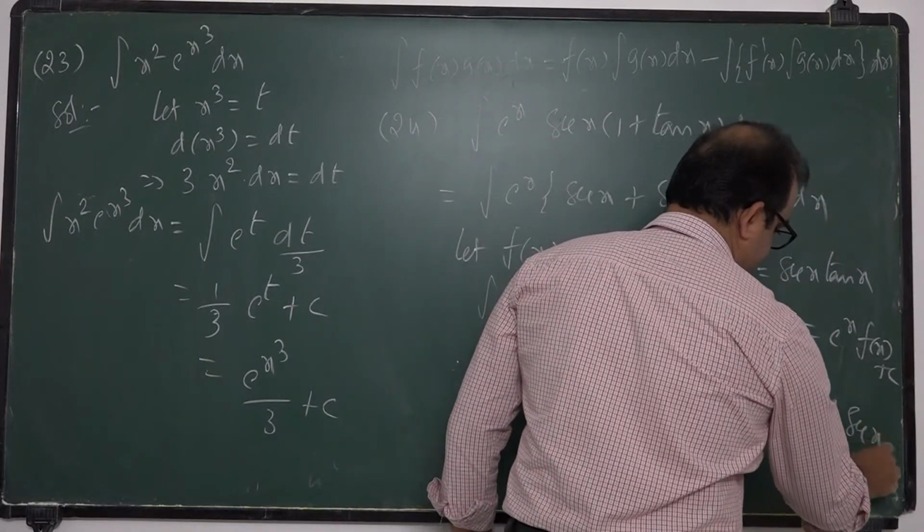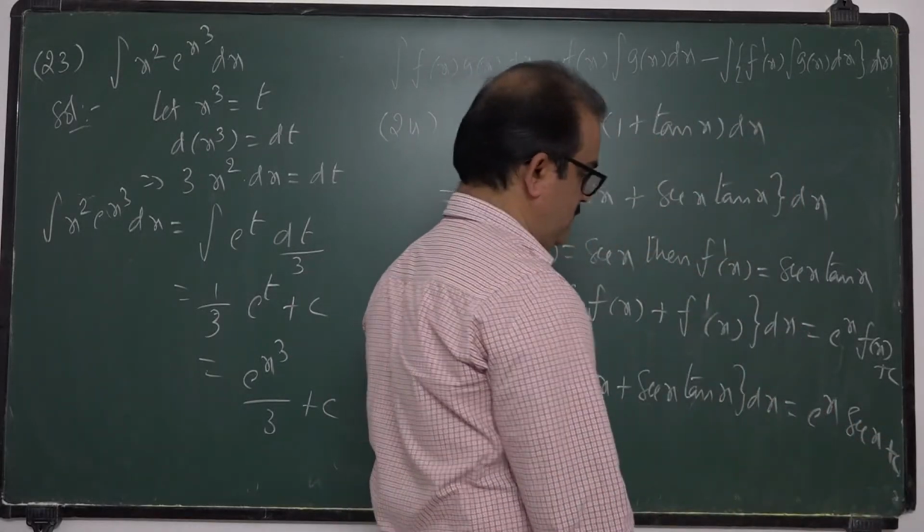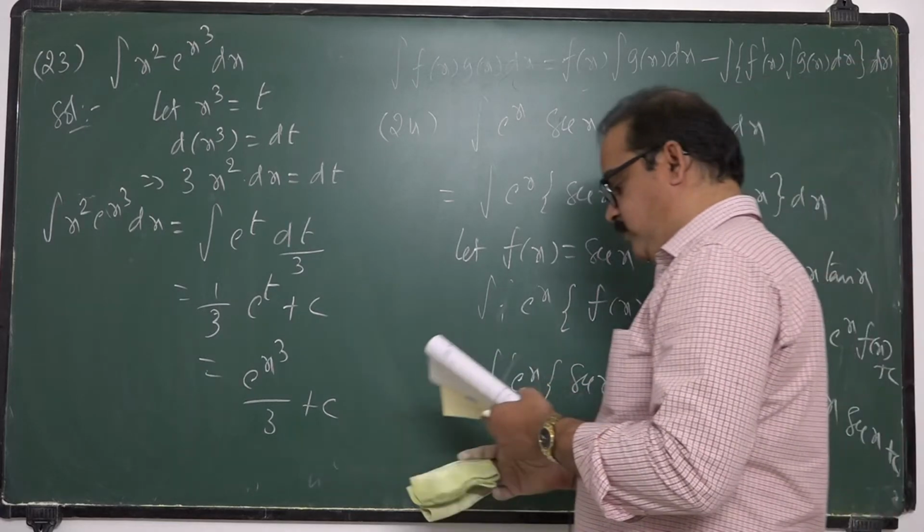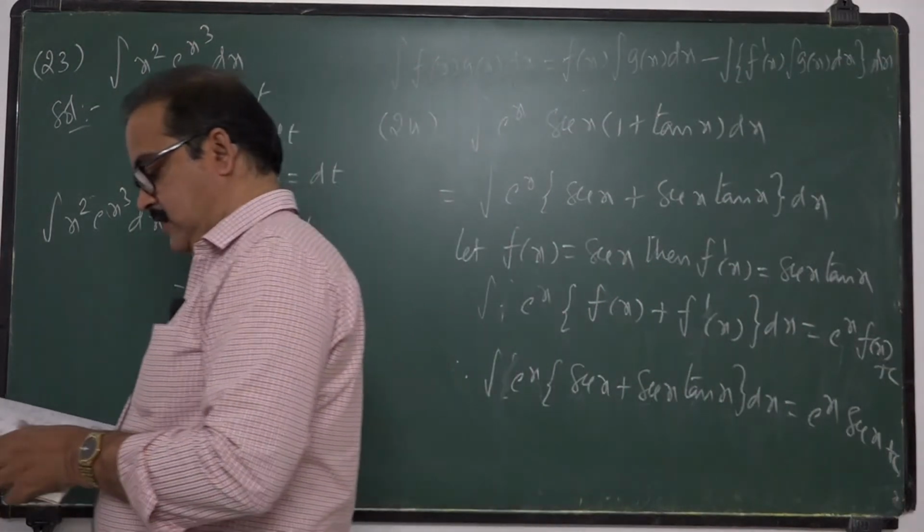Secant x plus c. Here also in your textbook 4 options are given. The correct option is B.